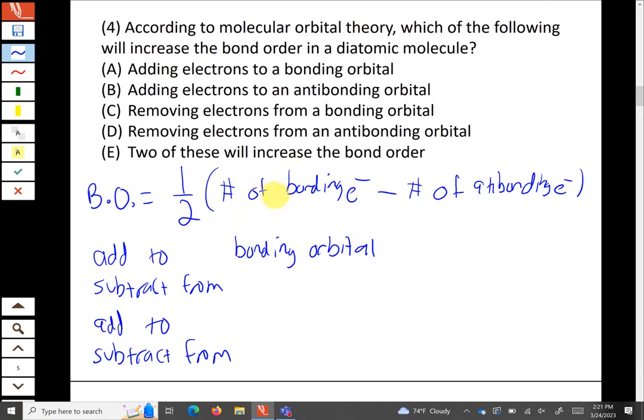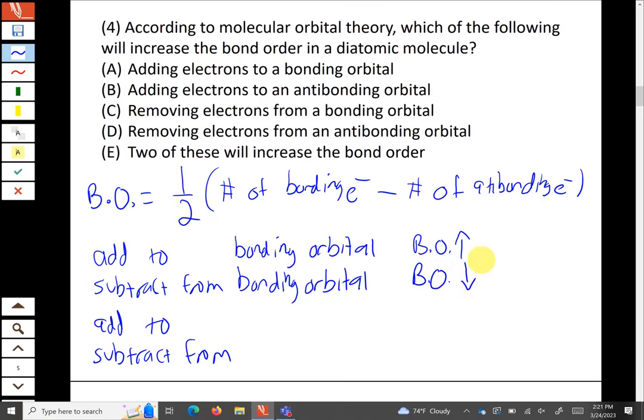We're adding electrons to a bonding orbital. That will cause the bond order to go up. If we subtract from a bonding orbital, we're going to reduce the number of bonding electrons, and that's going to cause the bond order to go down, mathematically speaking.